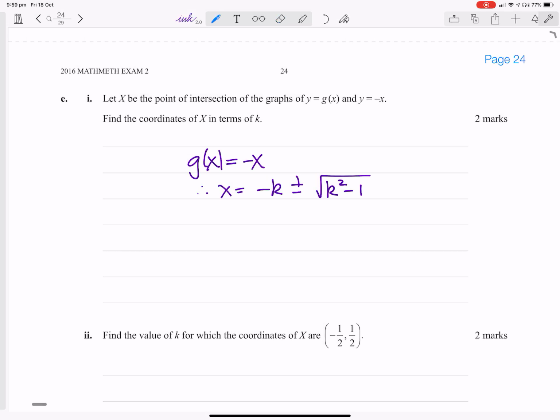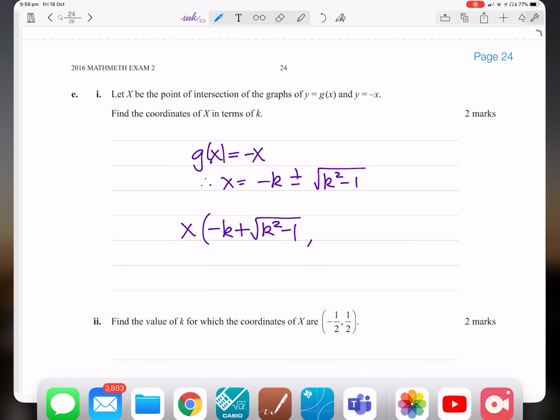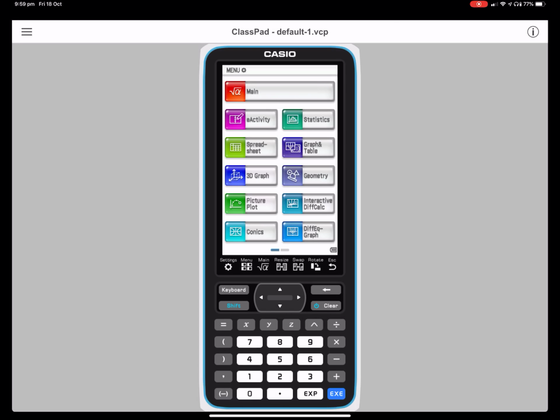So therefore, X is the point negative k plus root k squared minus 1, and we've got to find g of that point.